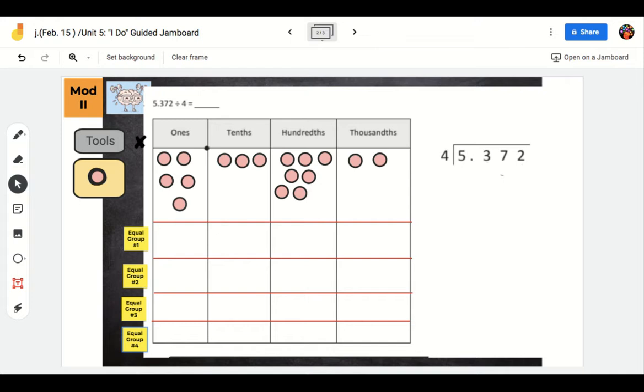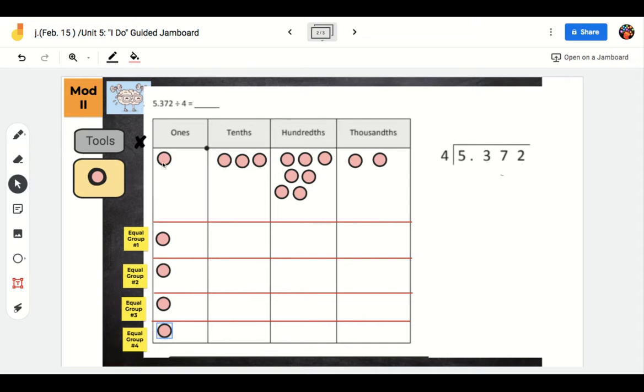So just like you set your standard algorithm up, now we've set our math modeling. Dividend, divisor. Let's get to sharing. One for you. One for you. One for you. And one for you.